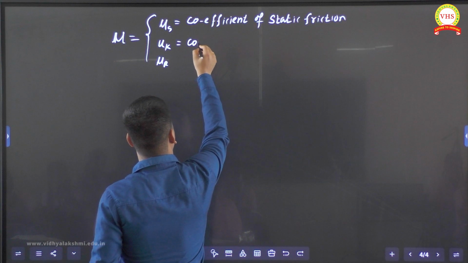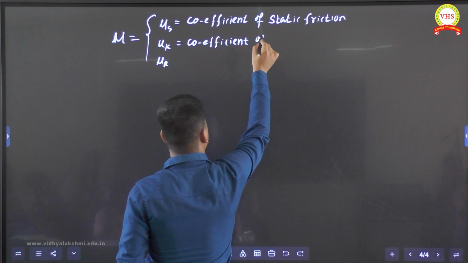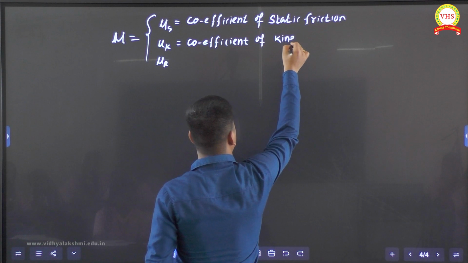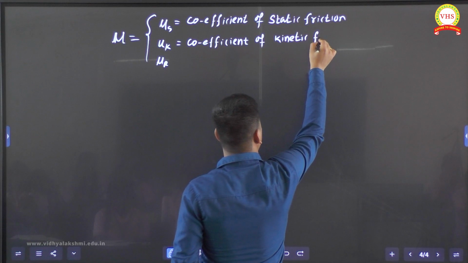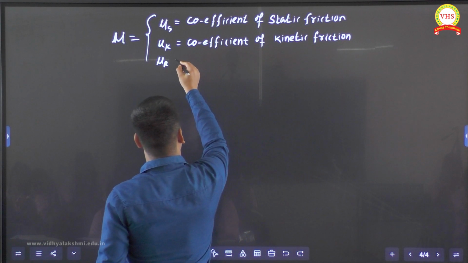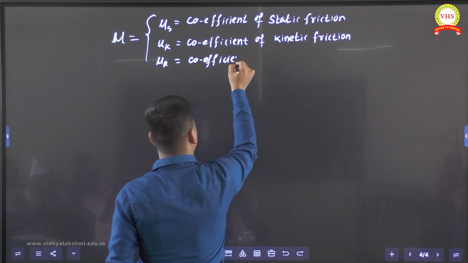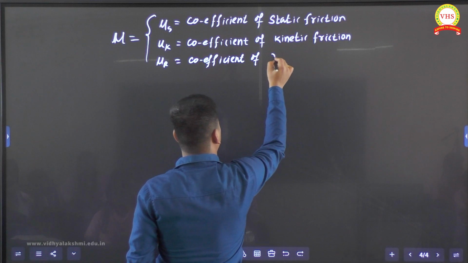Mu k is the coefficient of kinetic friction. Mu r is the coefficient of rolling friction.